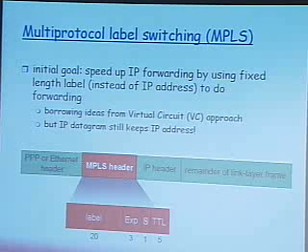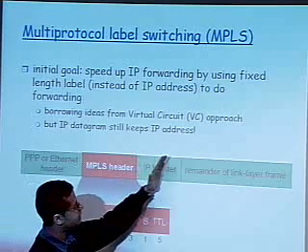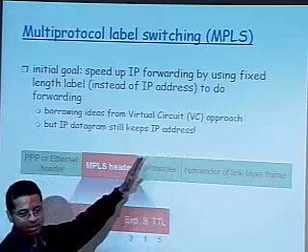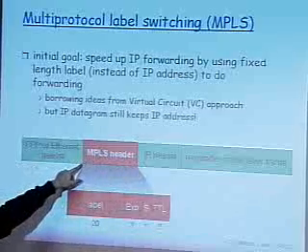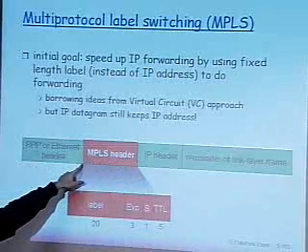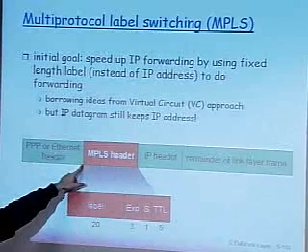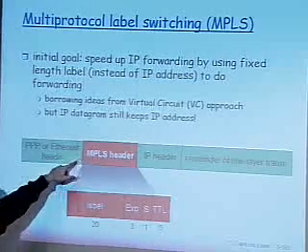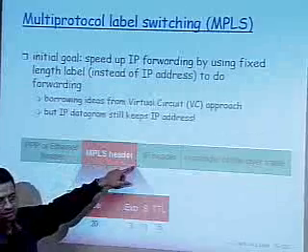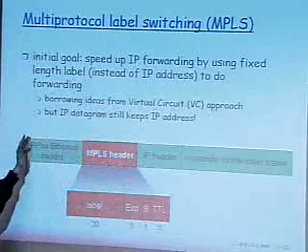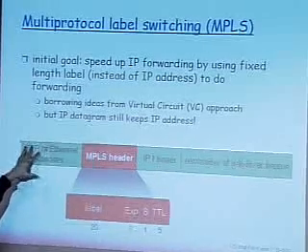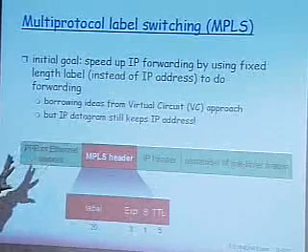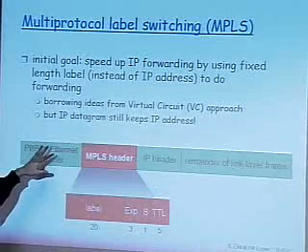So how does MPLS work? Well, you have your packet with the IP header. To the IP header, you add a fixed length MPLS header. After the MPLS header, you might have other link layer headers, PPP or Ethernet or whatever have you, even ATM.